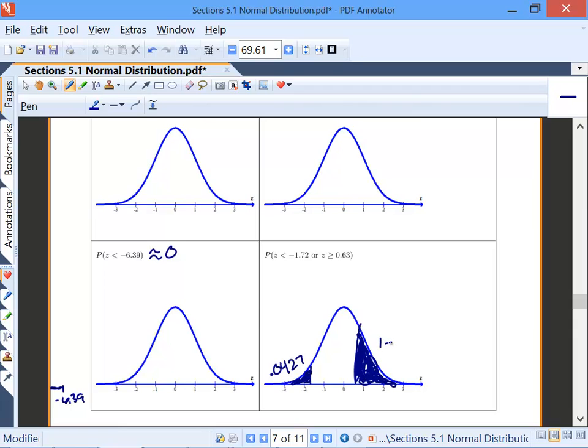So 1 minus, now I look at my 0.63, and I get 0.7357. Okay, but that was the area to the left, so I use the complement rule, subtract it from 1. 0.2643.